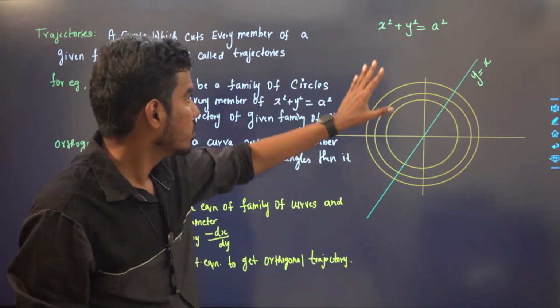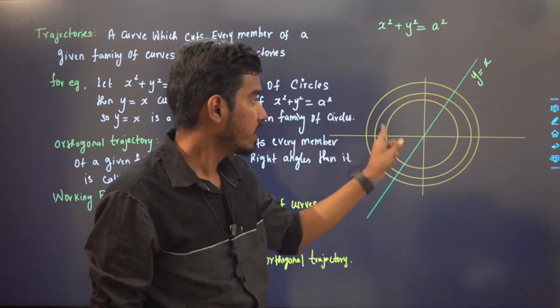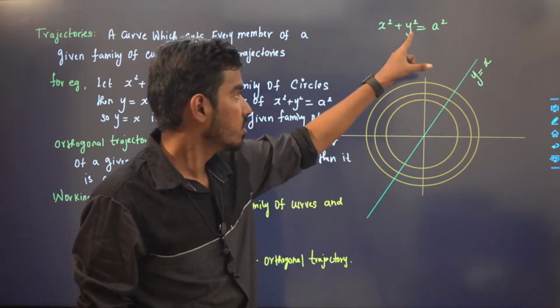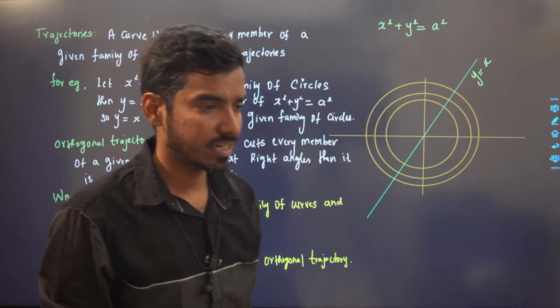Very simple. We have a family of curves, and if a curve cuts every member of this family, then this curve is called a trajectory.